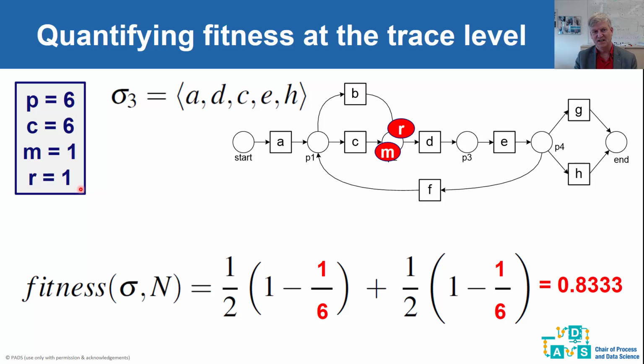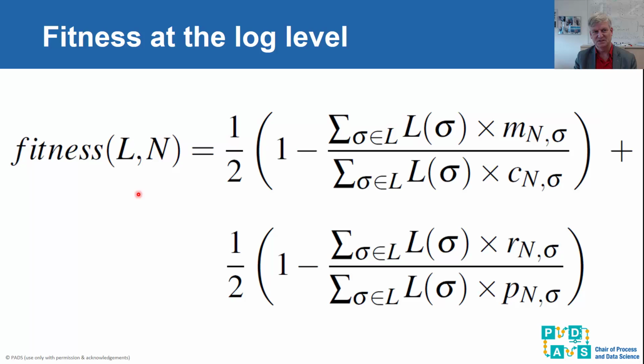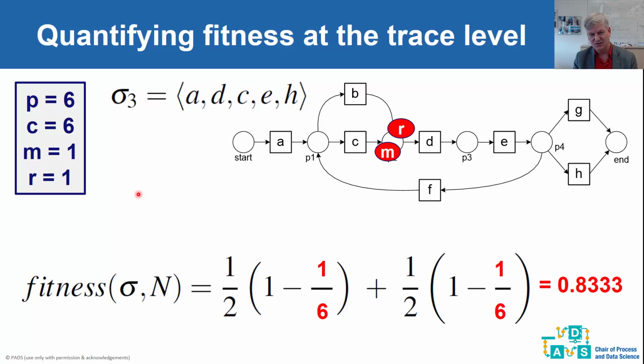I think it should be fairly straightforward how this works. So this is showing the formula for, let's say, a whole log. Just to explain what we have been doing so far, we are applying this fitness value on a particular trace, a sequence of activities corresponding to a case.